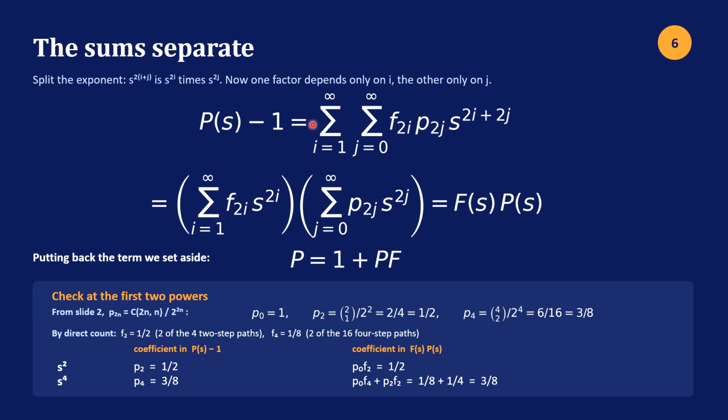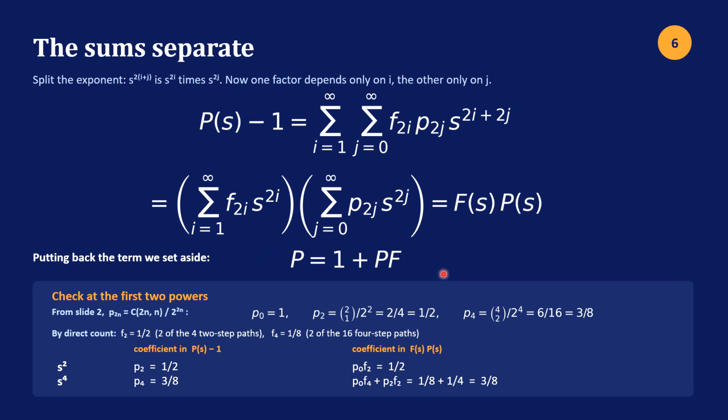So we can move those out of this summation, which I've done here. And then what's left are just the terms that have a j. And so now we have the product of two summations. And this first one was f of s, we defined that earlier. And the second one is p of s, we defined that earlier also. So now if we take the 1 to the other side, we have p equals 1 plus pf.